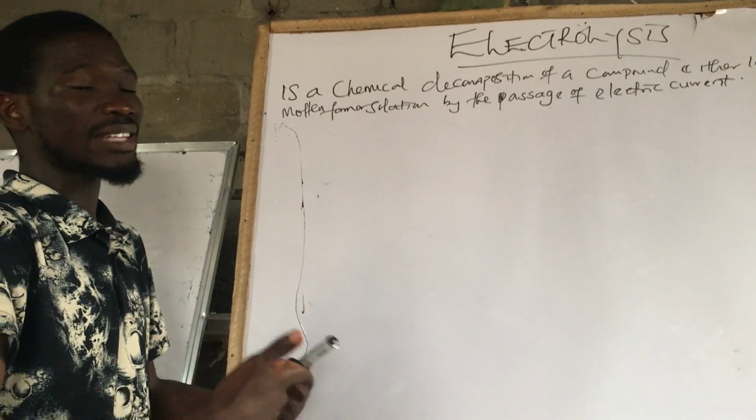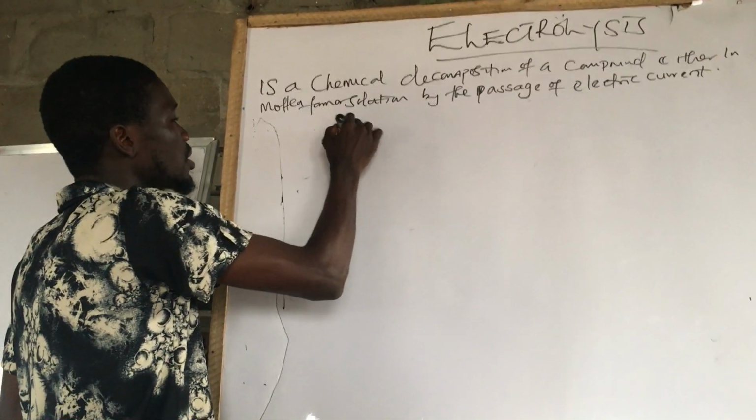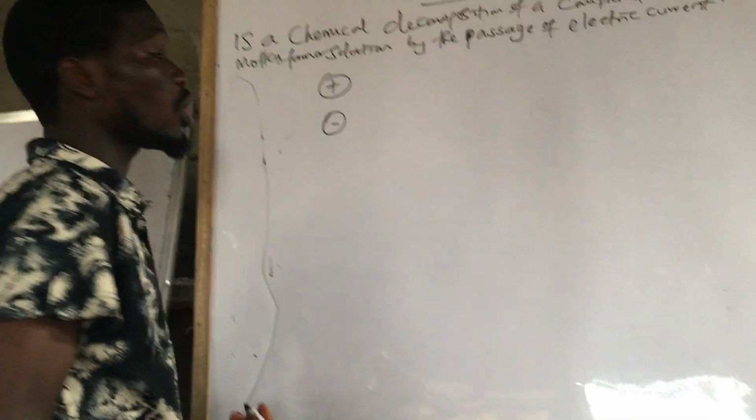How do we see that? Here I have a positive and here a negative.